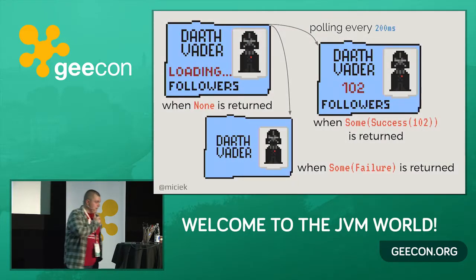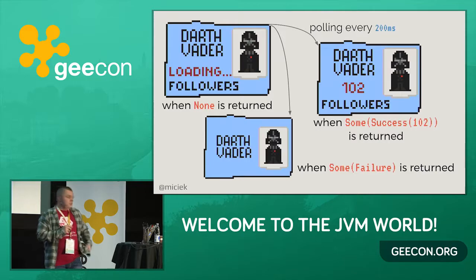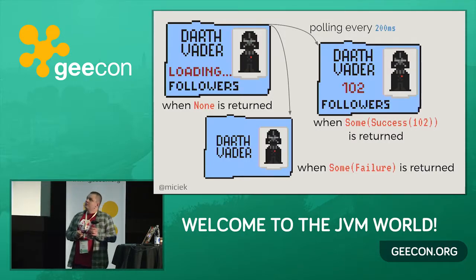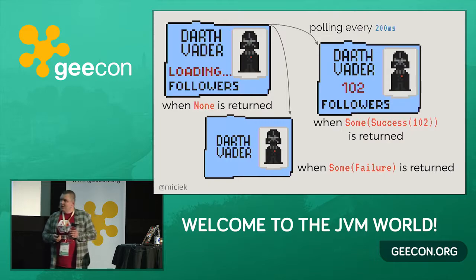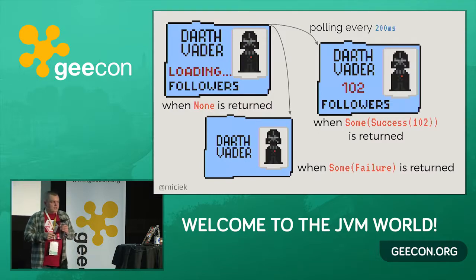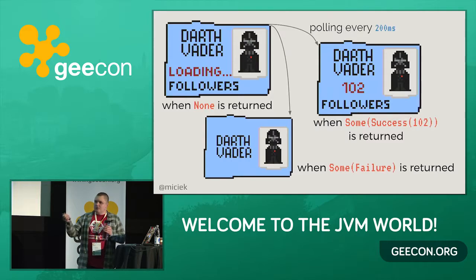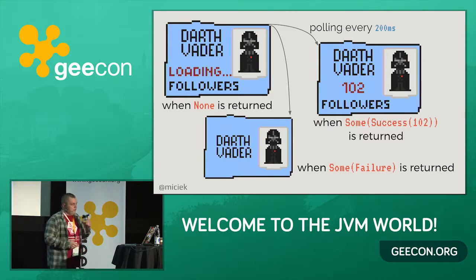So we changed the API and updated the web application. And of course, right now, the user knows exactly what's happening, because whenever some success is returned, we just display the number of followers. But whenever some failure is returned, we just change the UI so that the user doesn't really know about the problem. It would need to go through our UX department before, but let's assume that for now it's OK.